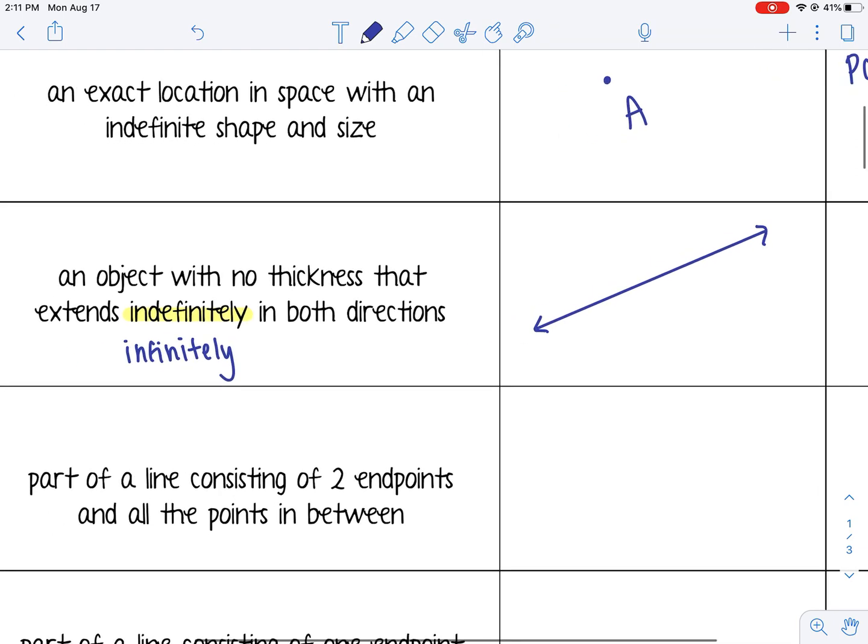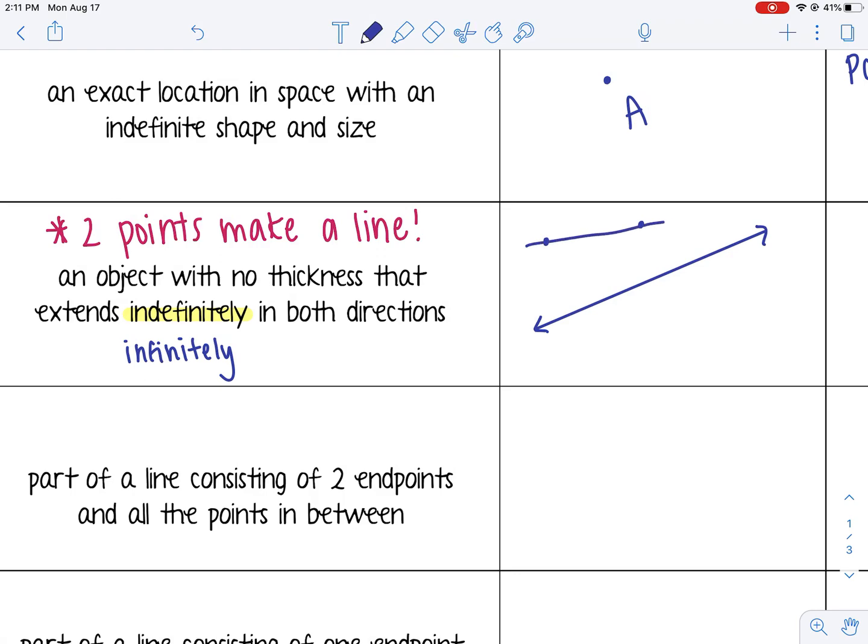And you need at least 2 points for a line. 2 points make a line. You can have more, but you can't have less. So knowing that 2 points make a line, if I have 2 points, they could have been here and here. I always connect them, add arrows. I have a line.